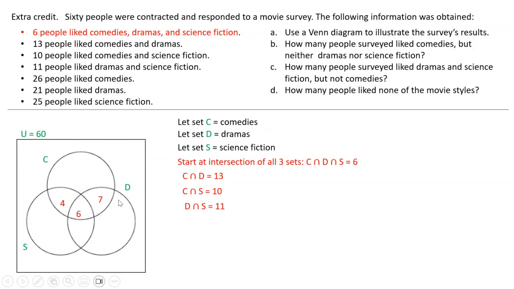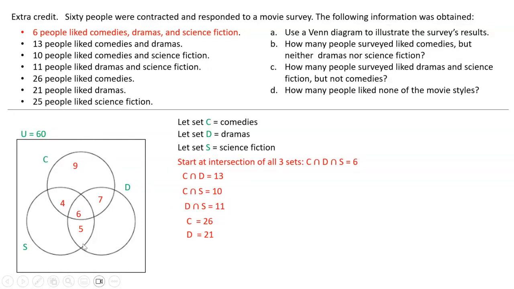So D intersect S, we're looking at these two here. This is the area in question. That's 6, so this has to be 5, to give us 11. Now we go to C, this set here. All this is supposed to be 26. Since we already have 4 and 6 is 10, there's already 17. So 26 minus 17 will give us 9.